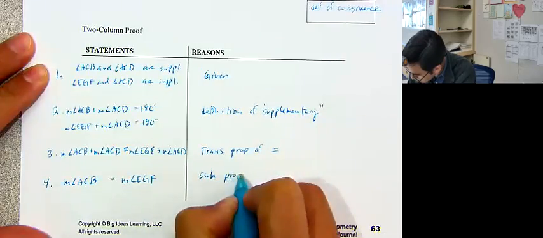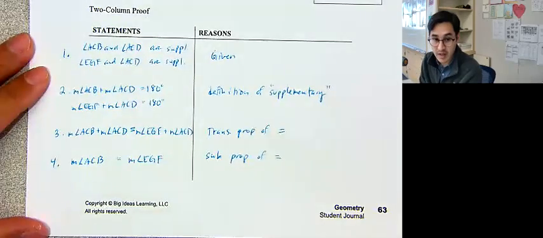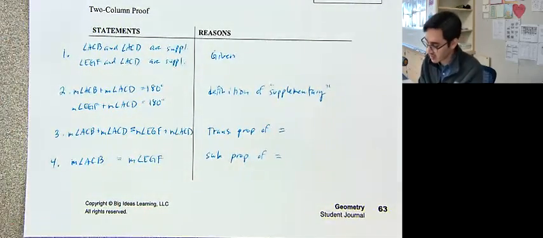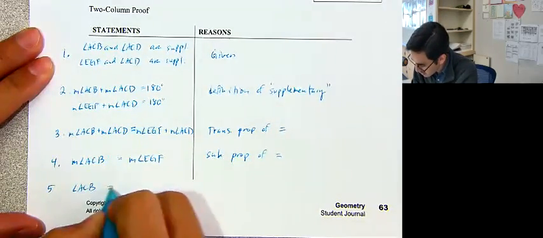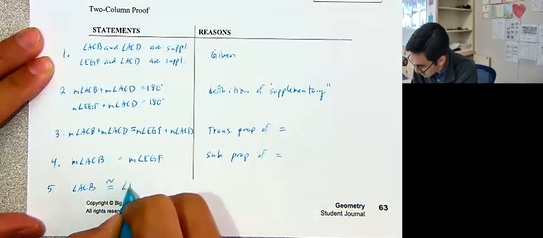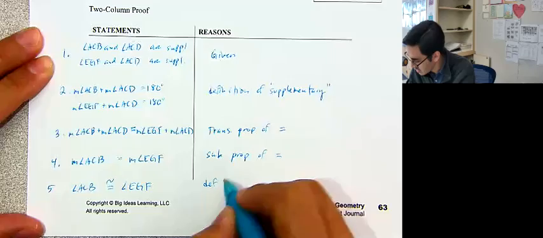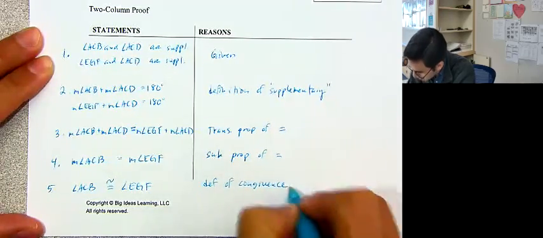And so that's the subtraction property of equality. And then because we know that the measures of the angles are equal, then the angles are congruent. So angle ACB is congruent to angle EGF. And again, we're just using the definition of congruence.